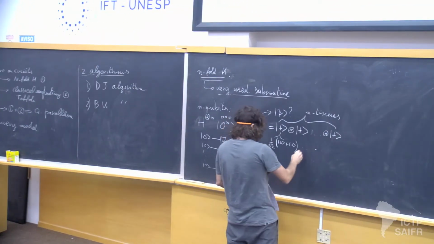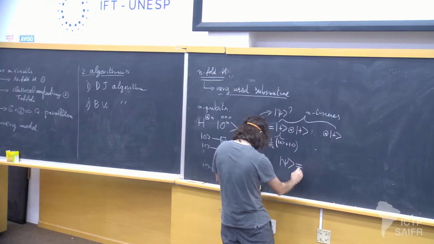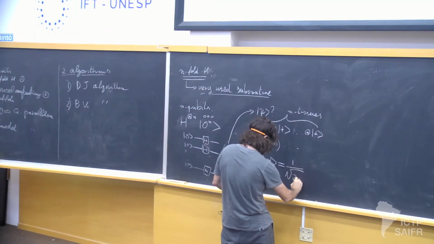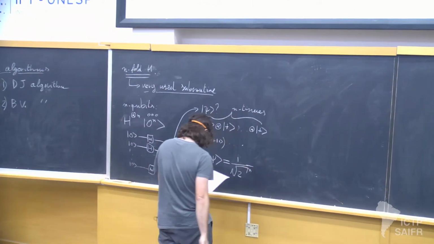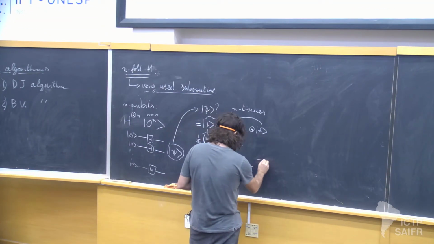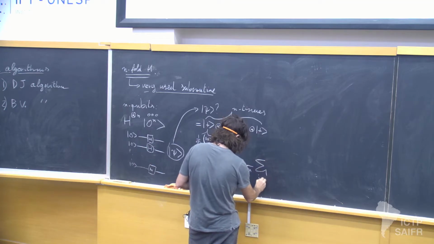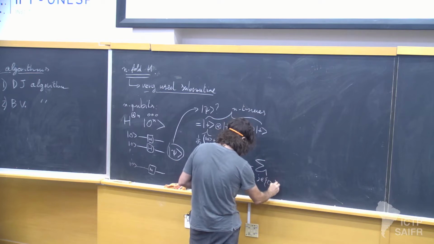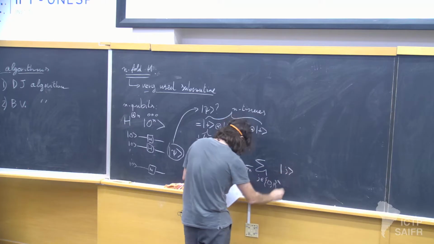And at the very end, we end up with psi equal to 1 over square root of 2 to the power of n, and then we get the summation over all the j's belonging to the set {0,1}^n of |j>.